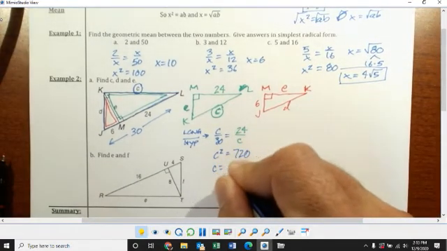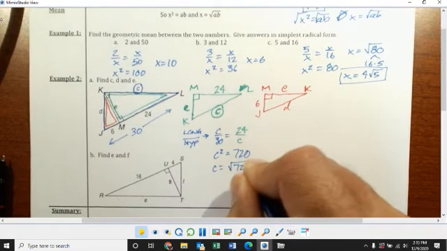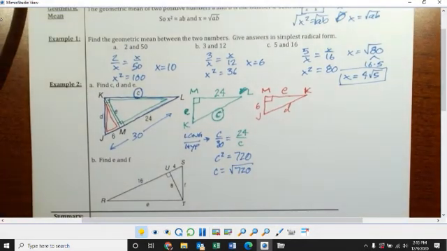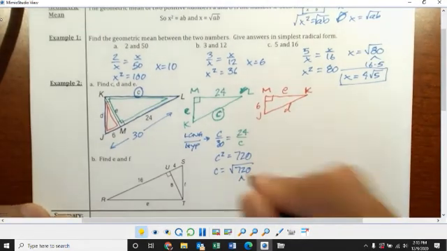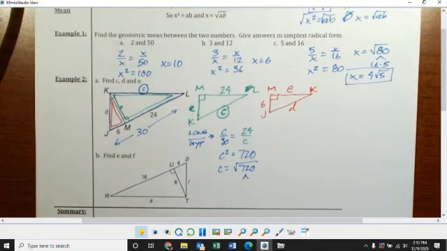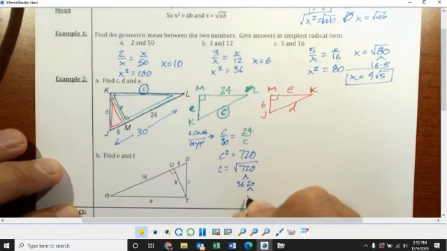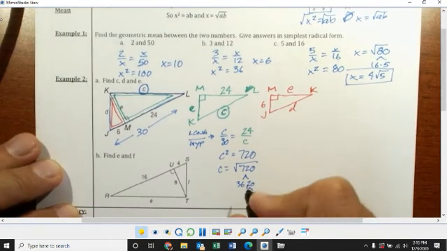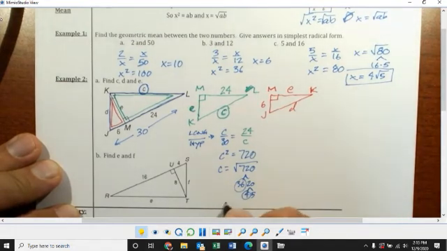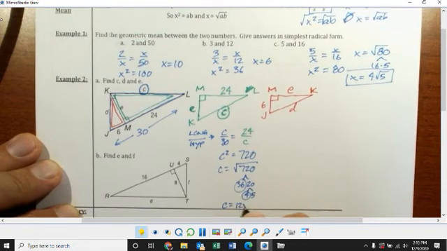So C equals the square root of 720. I know it's got 36 as a factor. It's 36 times 20, and 20 is 4 times 5. 36 and 4 are perfect squares, so C is going to be equal to the square root of 36, which is 6, times the square root of 4, which is 2, so 12 square root of 5.